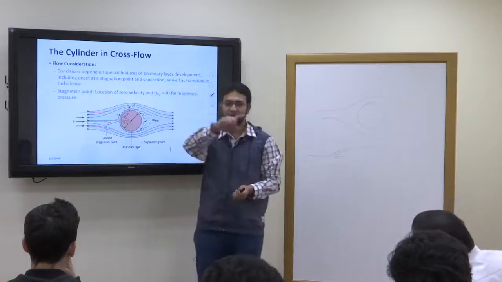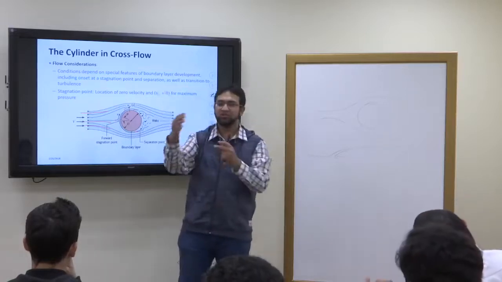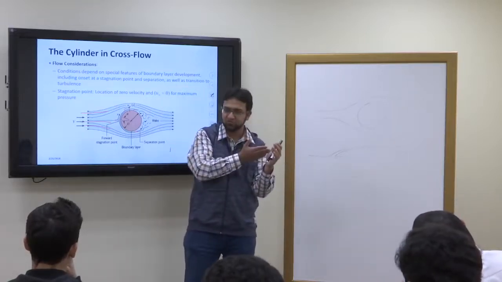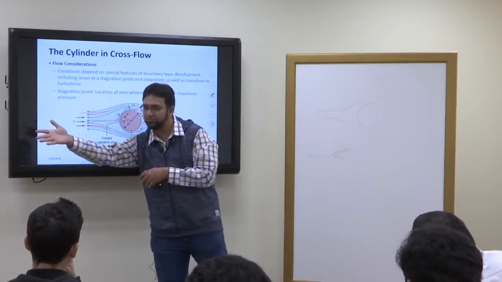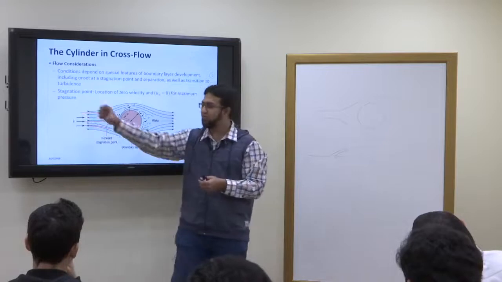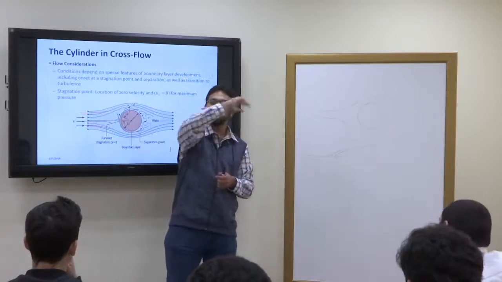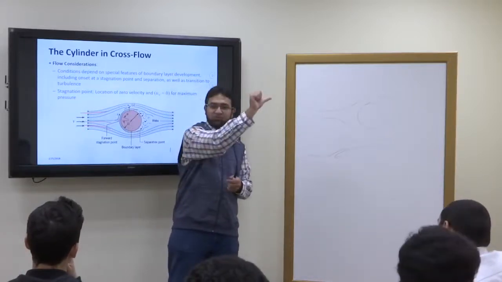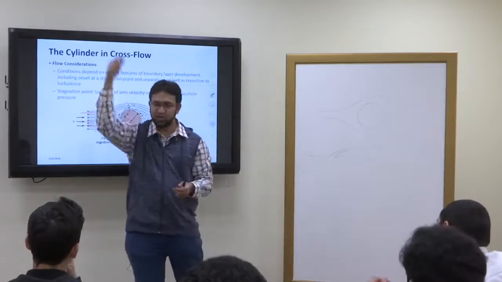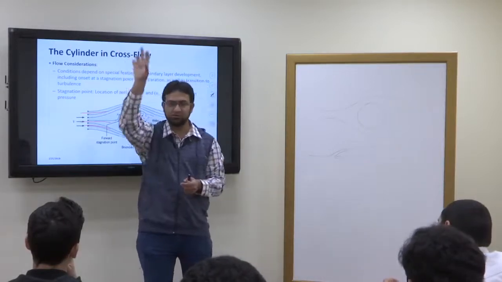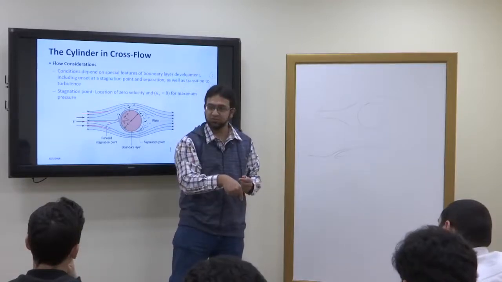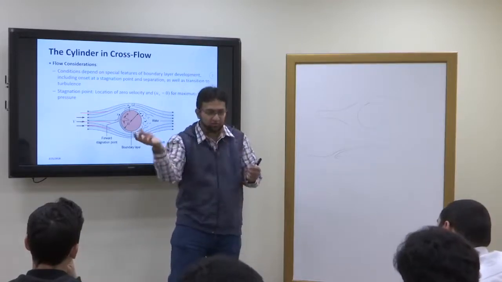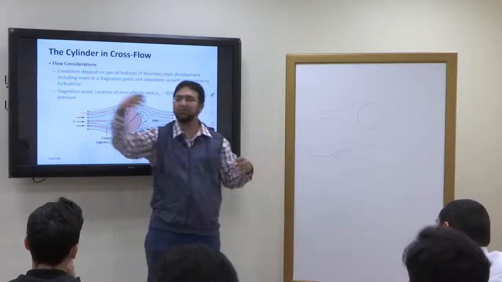Whenever you have a flow, anything earlier in the flow is upstream, anything later is downstream, okay. If the flow is like this, upstream is here, downstream is there. If the flow is like this, upstream is here, downstream is there. If the flow is like this, upstream is there, downstream is here. So in the direction of the flow, first comes upstream, later comes downstream.